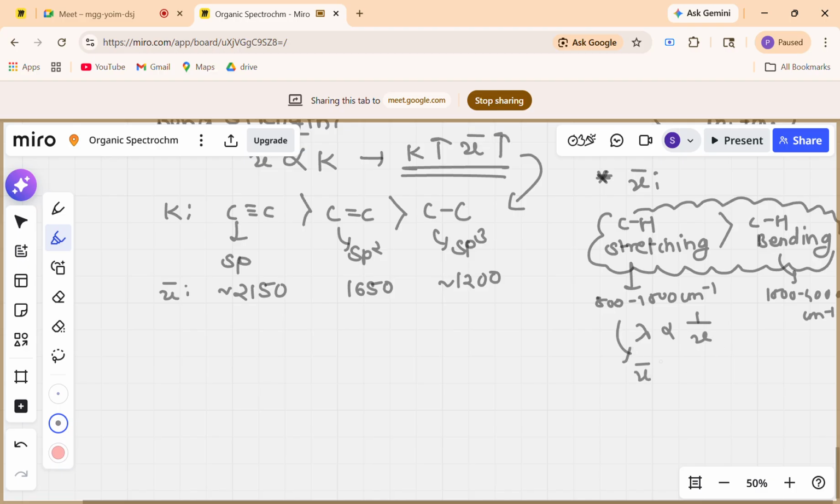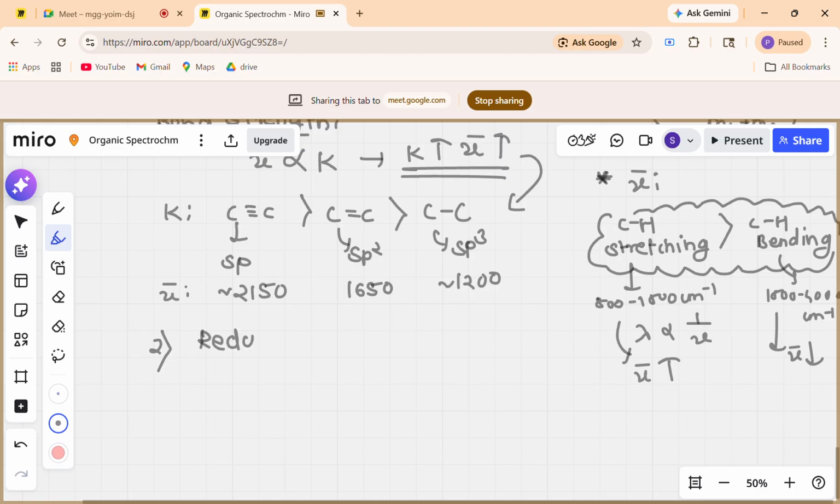This is in terms of wavenumber, and we know that wavelength is inversely proportional to frequency. It means stretching has the higher frequency and the bending region has the lower frequency. Just keep in mind that in an MCQ, if they ask within stretching and bending mode, the stretching frequency will usually have a higher value than your bending frequency.